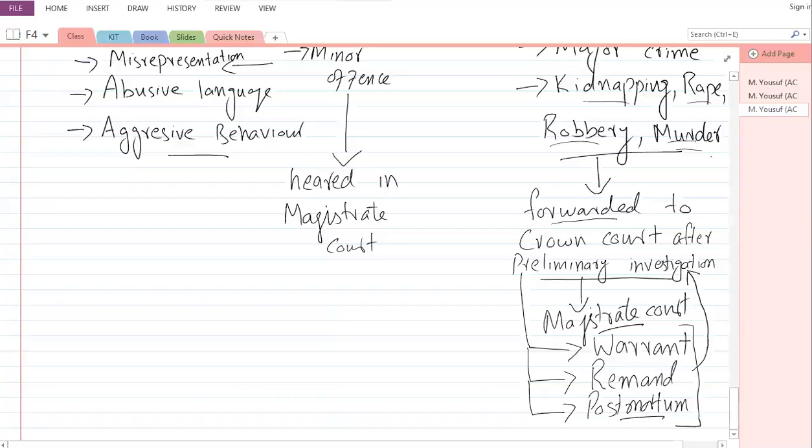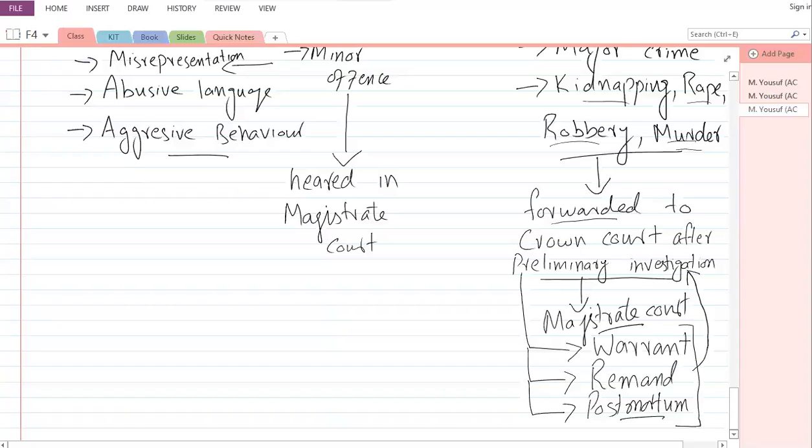So that is why this is out of the jurisdiction of the magistrate court. That is why it is forwarded to Crown Court, which has the power to give imprisonment for 15 years or 20 years. So that is why the trial starts in Crown Court. Only preliminary investigation, initial investigation will be performed in magistrate court.